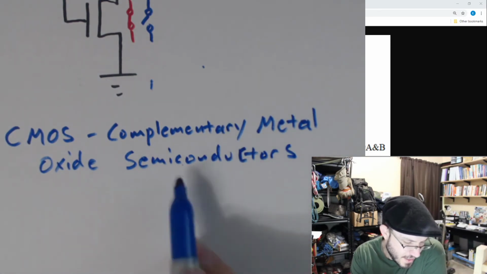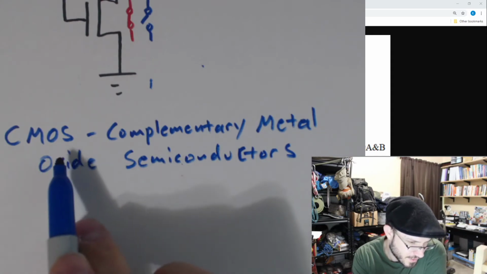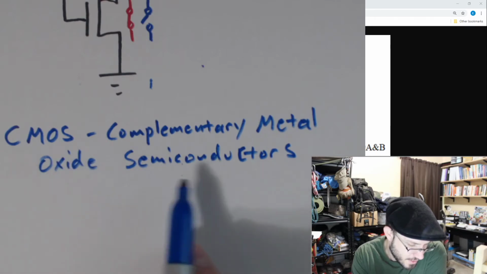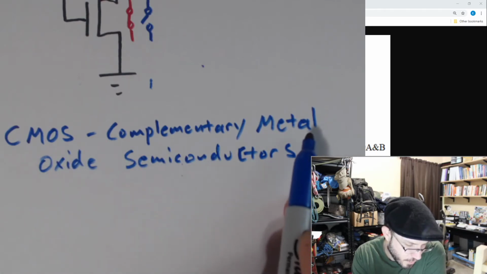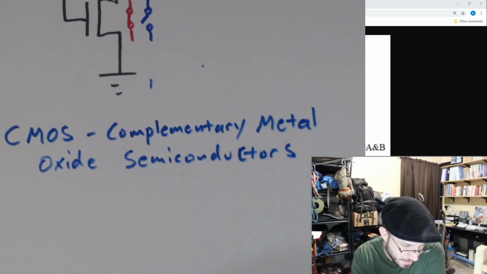Metal oxide semiconductors, MOSFETs, MOS. They're semiconductors formed using MOSFETs, which are constructed with a metal oxide layer between the gate and the body of the transistor.